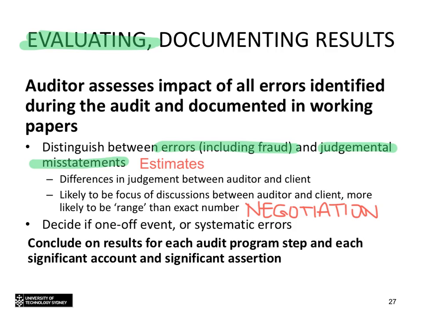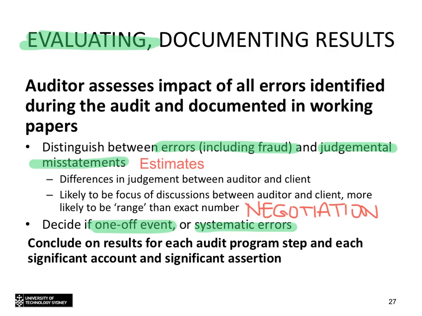I also have to decide, as the auditor, whether I'm looking at something that's a one-off event. Oh, look, fat finger, I injured my finger during the week doing some yard work. So I have this big bandage on my finger, so when I was typing in the numbers, I accidentally typed in one number too many. All right? Or is it a systematic error?